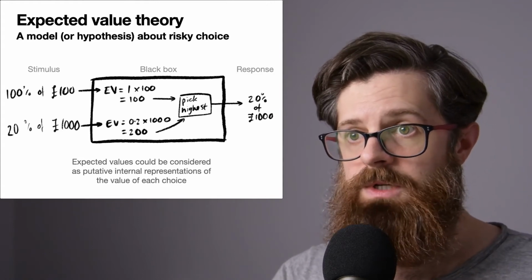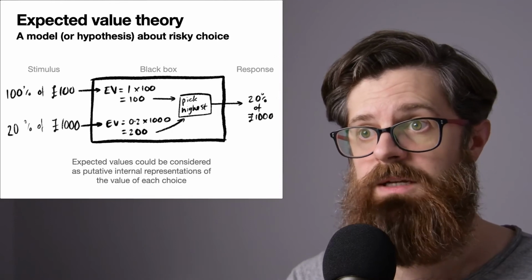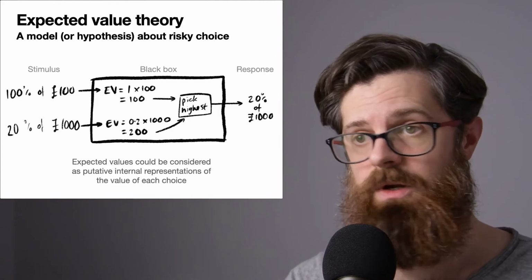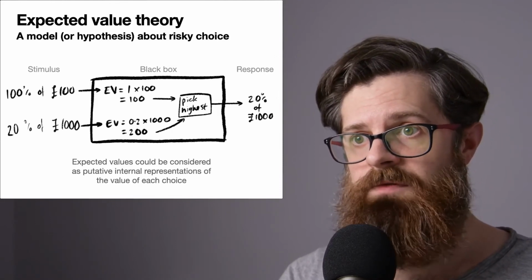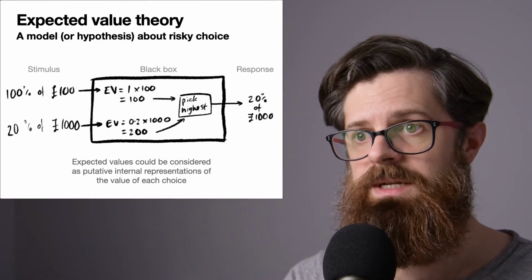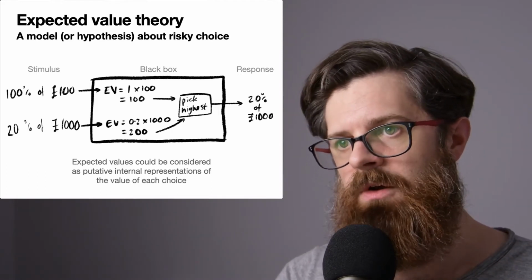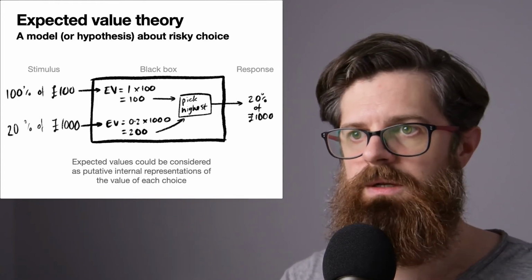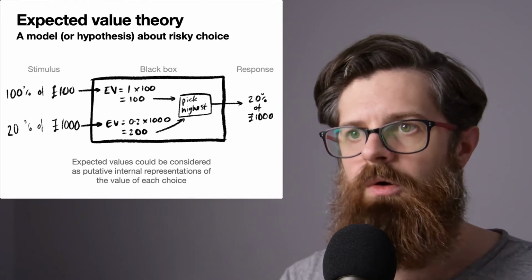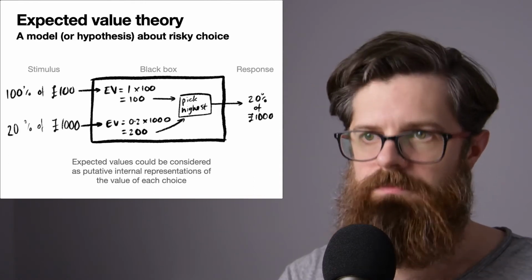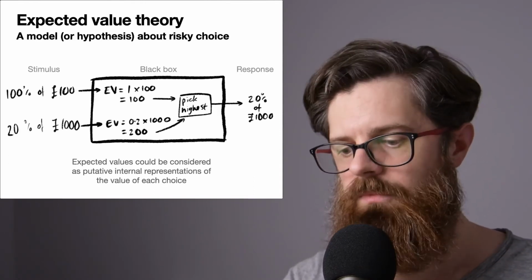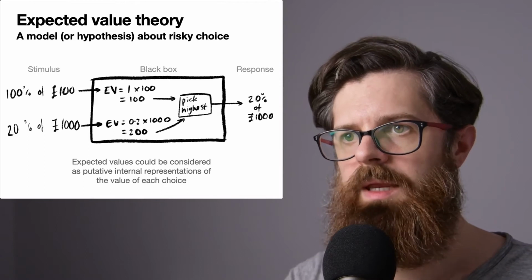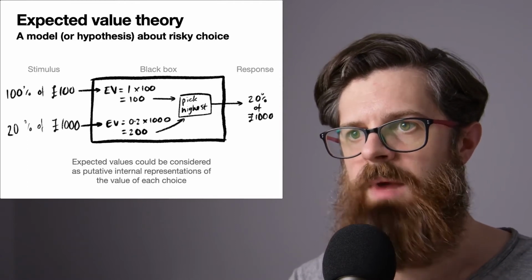Expected value theory would say, you calculate the expected values. These expected values might be considered as an internal representation, maybe even an internal prediction of the average outcome under each choice that you could make. So that's one way of thinking about what these expected values are.